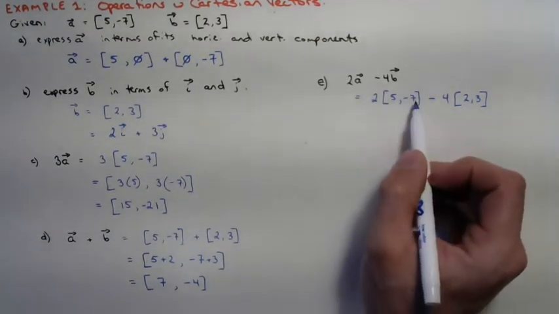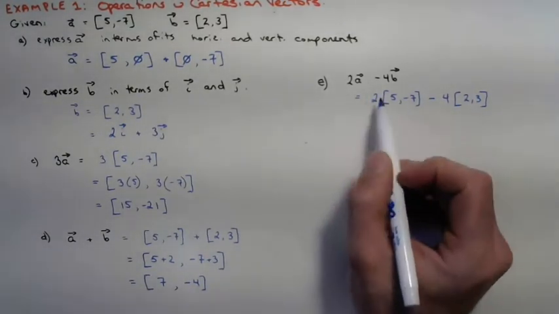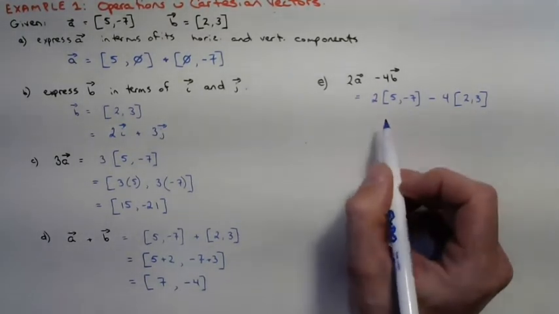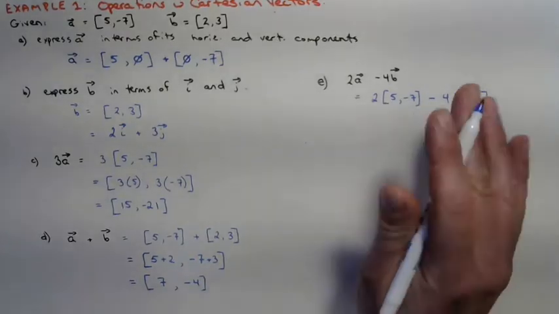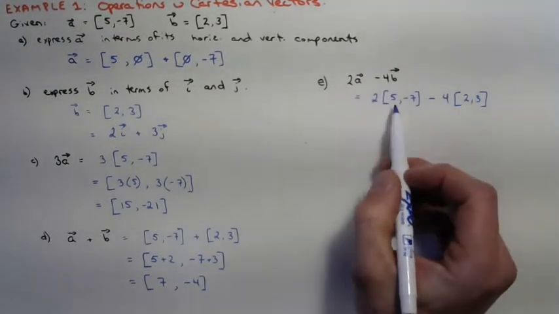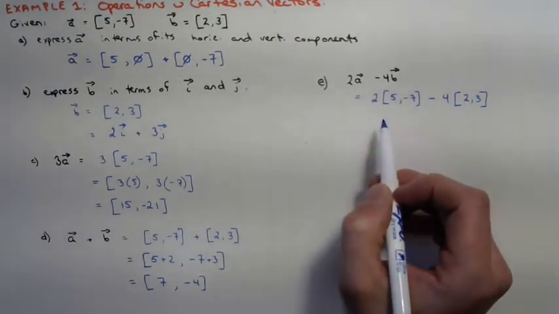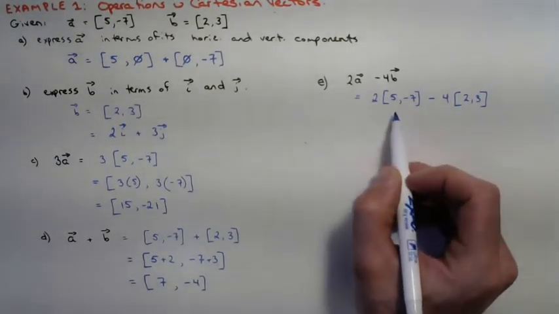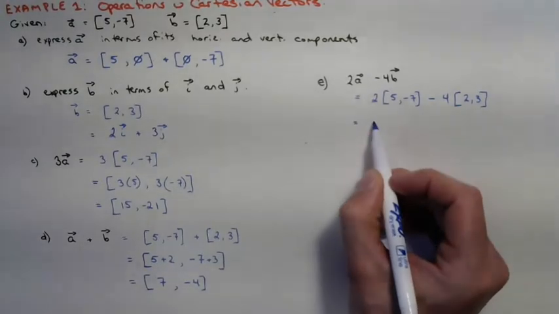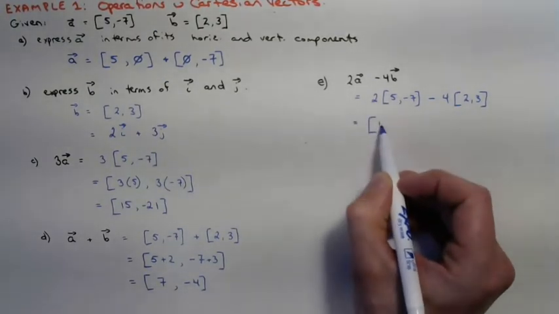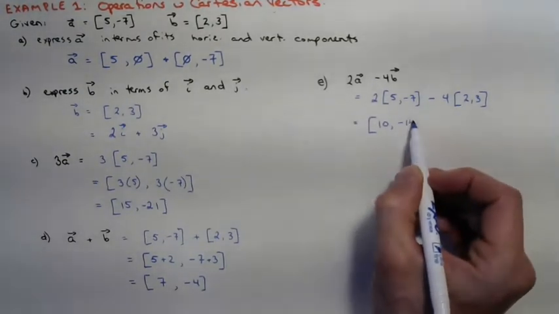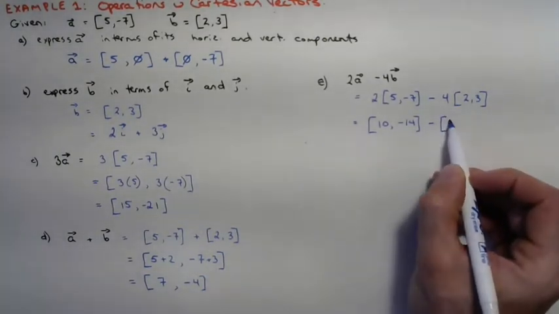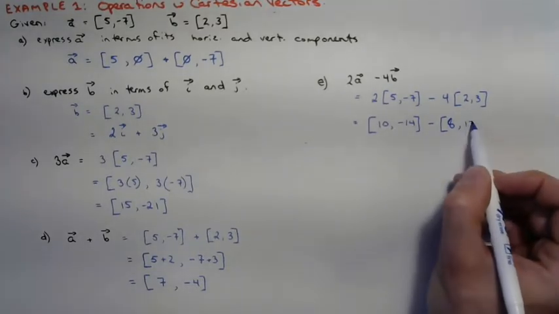Sub in your position vector coordinates for vector A and your position vector coordinates for vector B. Now you can see that we're going to deal with each of these independently still, because multiplication has to happen before addition and subtraction. So I have 2 times the horizontal displacement for A and 2 times the vertical displacement for A. That's going to give me the vector 10, negative 14. We're going to be subtracting the vector 8, 12.